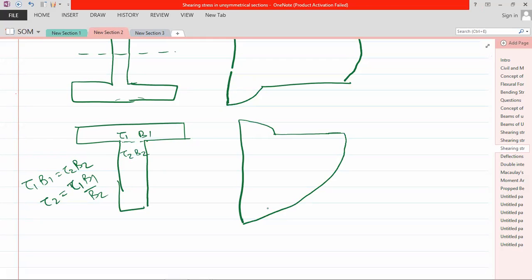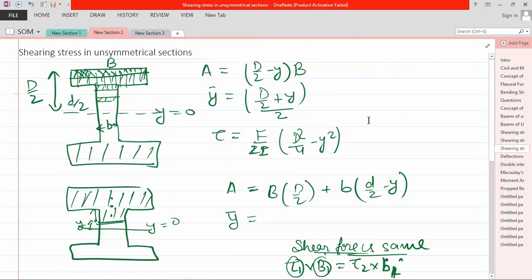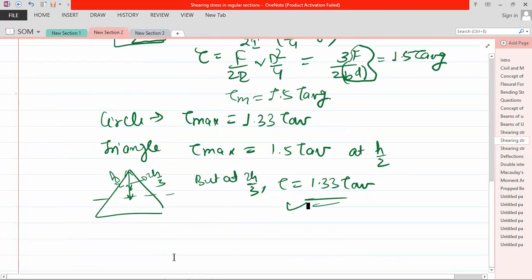So this is from the symmetrical shearing stresses in beams. I hope shearing stress is not very clear for unsymmetrical sections, but you need to remember this formula for shearing stress in beams, because they will ask directly.